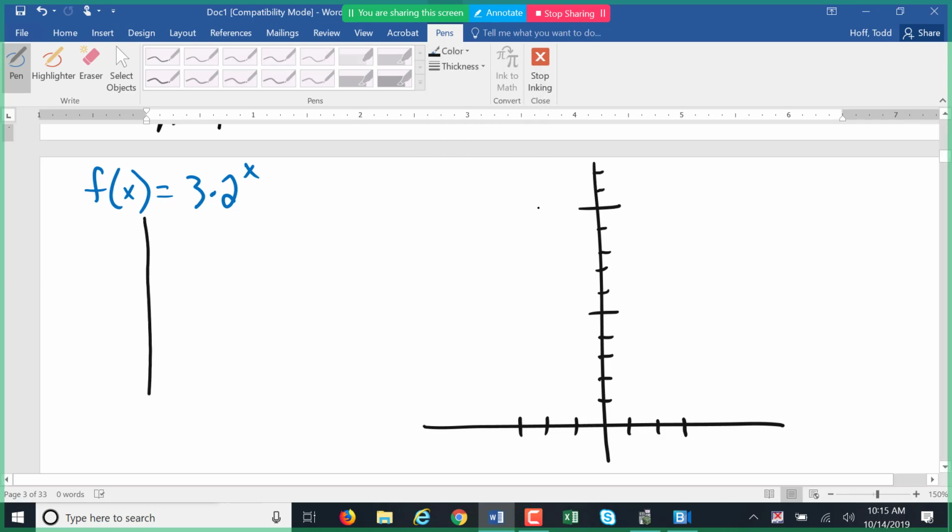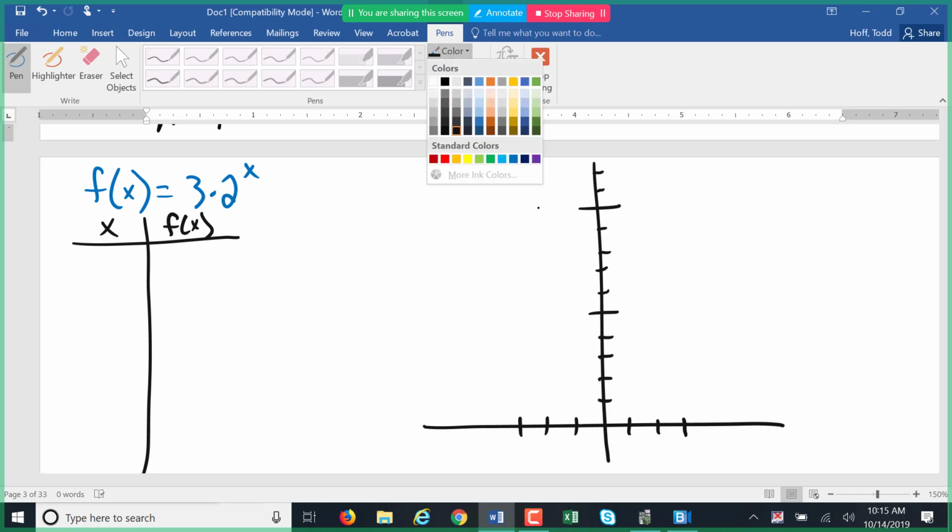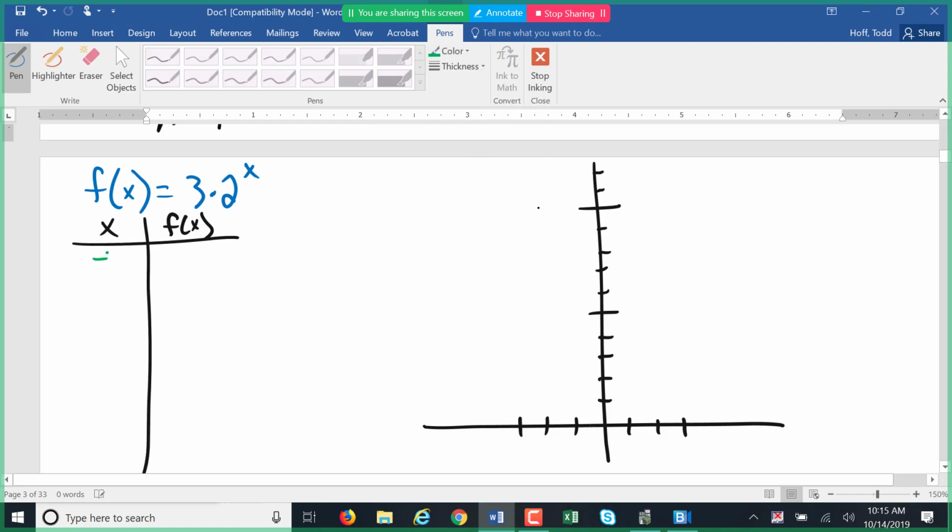So if we make a table here of x and f of x, if x is negative 3, 2 to the power of negative 3 is positive 1/8. Times 3 is 3/8. So negative 3, 3/8 is that ordered pair. Negative 2, well, 2 to the power of negative 2 is 1/4.